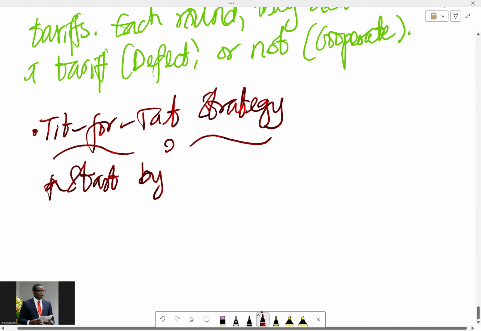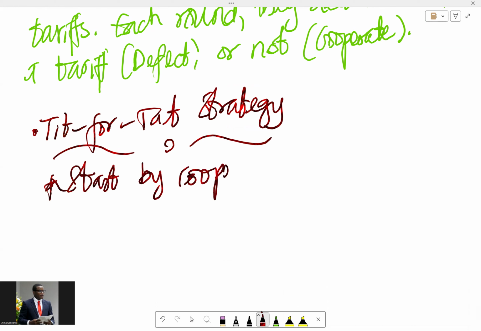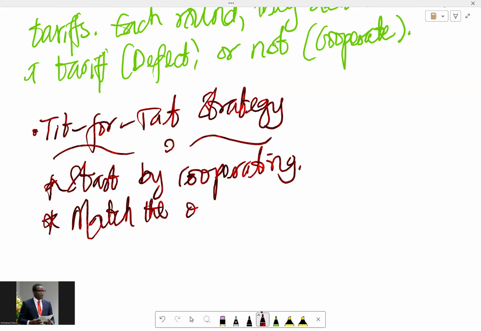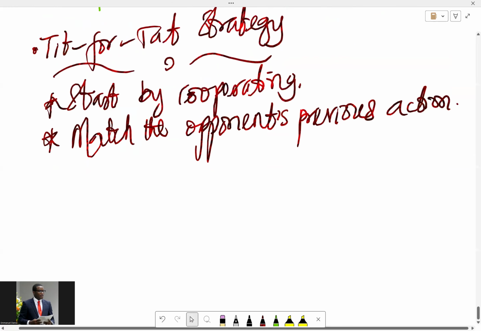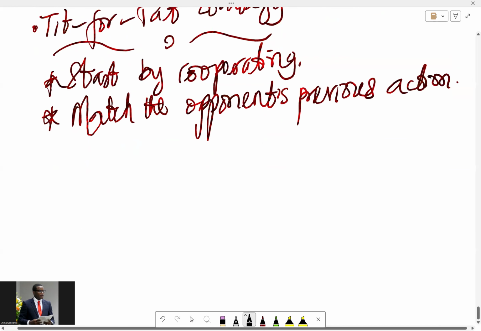So everybody starts by cooperating, no tariffs. Then afterwards, they now match the opponent's previous action. So if one of them begins to defect and they impose a tariff, the other person also starts to impose a tariff.